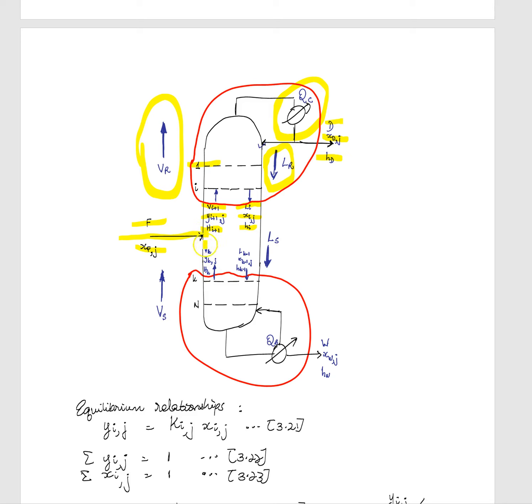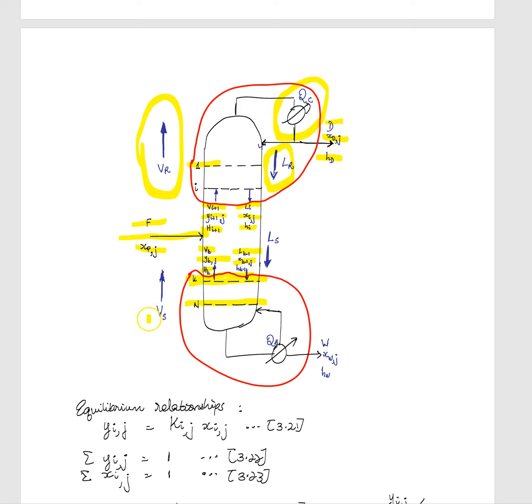we see that as we go down, we would have some arbitrary stage called K, and the final number of stages in the column is denoted by N. So the stage that would be above K would be called the stage K minus 1. Leaving stage K, we have a vapor flow rate Vk with its own composition and enthalpy, and entering that stage would be Lk minus 1, that's the liquid flow rate with its composition and enthalpy.